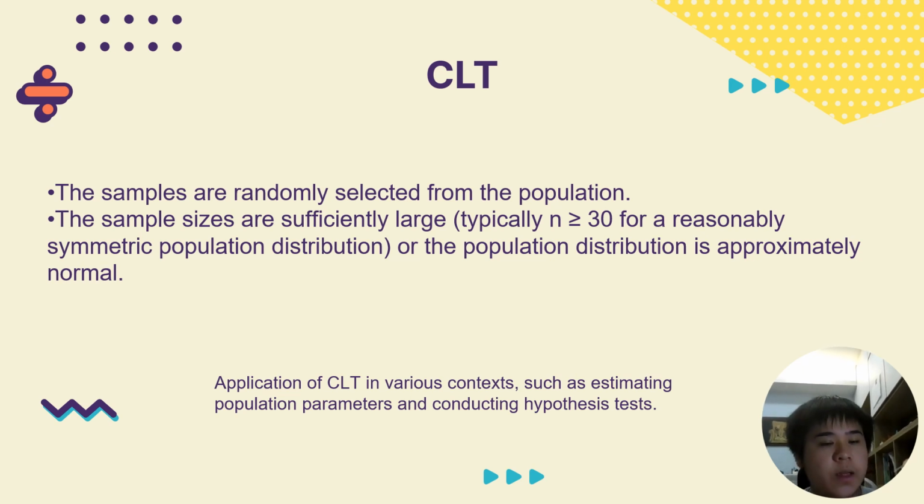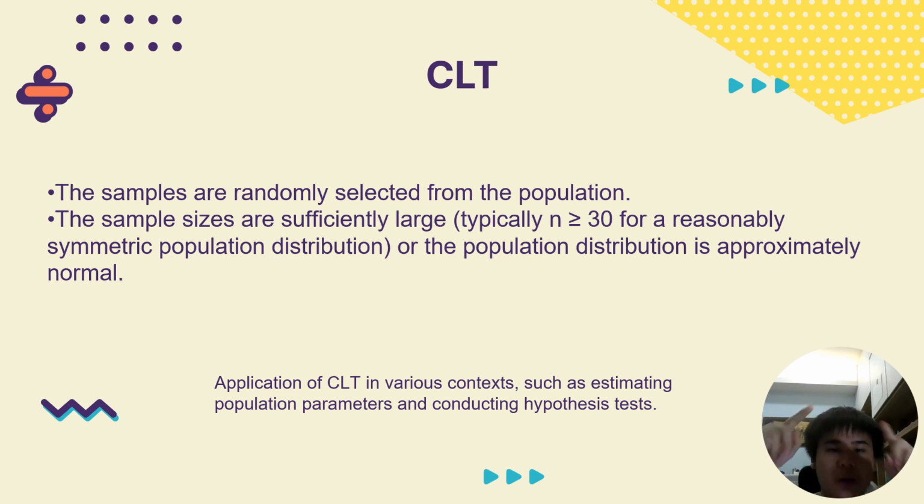So the central limit theorem basically is a fundamental concept in statistics that describes the behavior of the sampling distribution of the sample mean when drawing repeated random samples from a population. Basically, it states that regardless of the shape of the distribution, the sampling distribution of the sample mean approaches a normal distribution as the sample size increases.